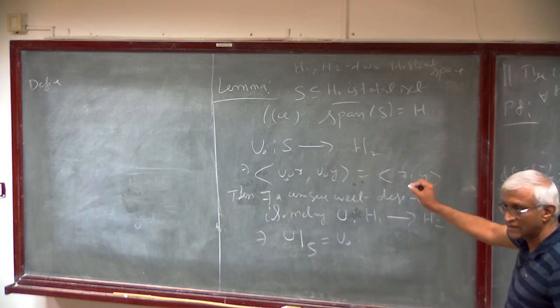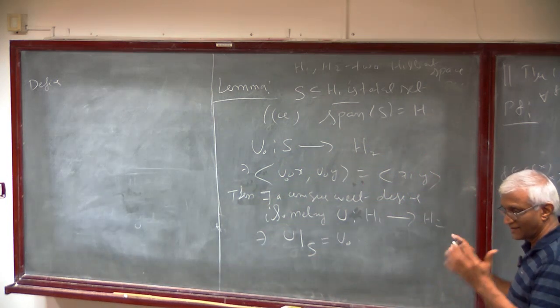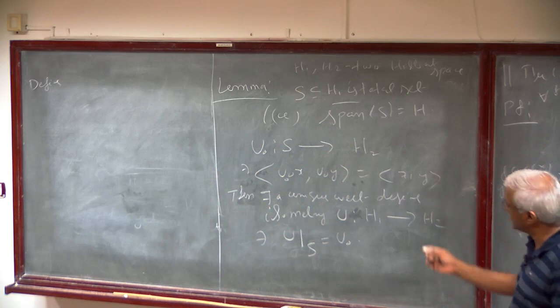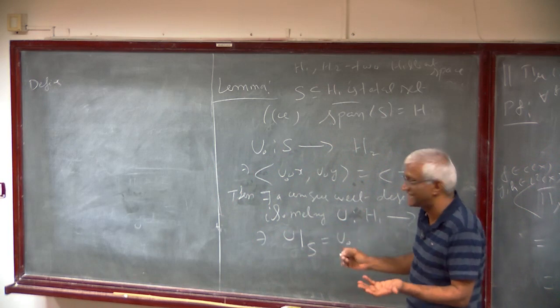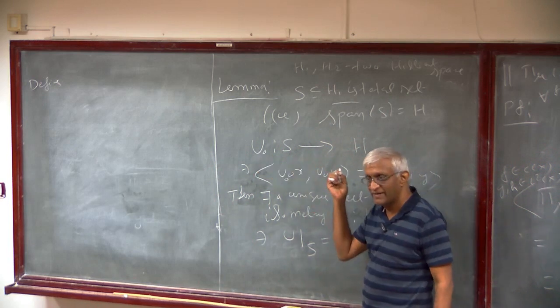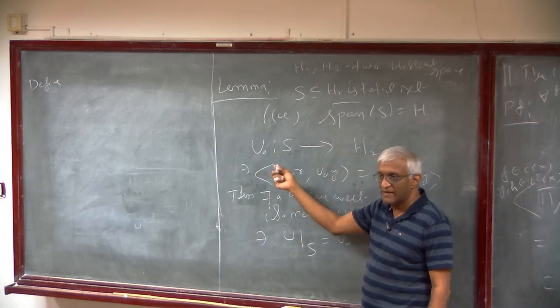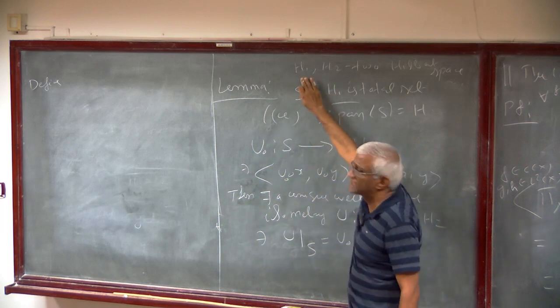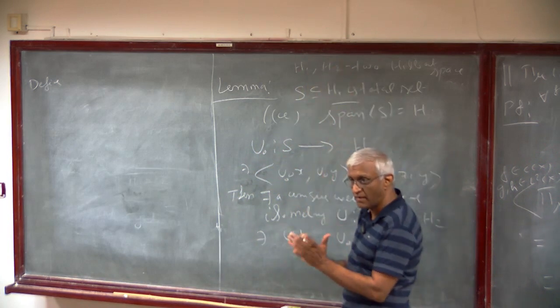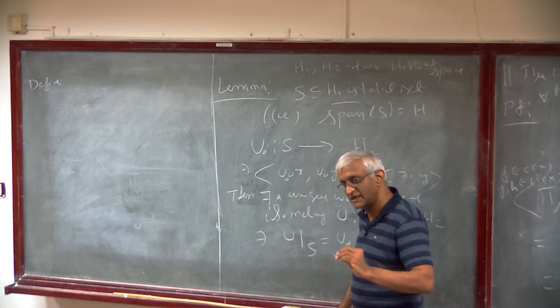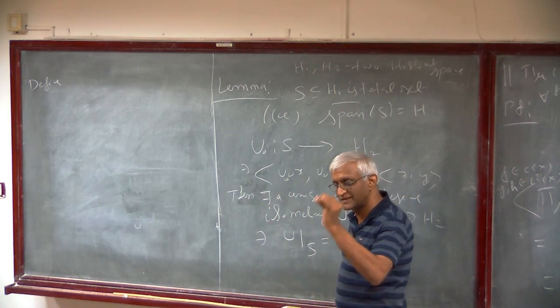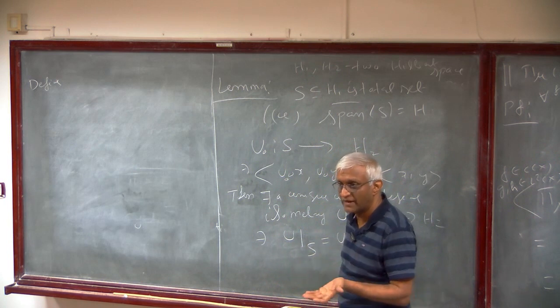Something bounded on a total set will not necessarily extend. Something which even preserves the norm on a total set will not extend. These are other things. Suppose you have a linear operator from a dense subspace which preserves the norm, then it will preserve the inner product. Something defined on a linear space which preserves the norm will preserve the inner product.